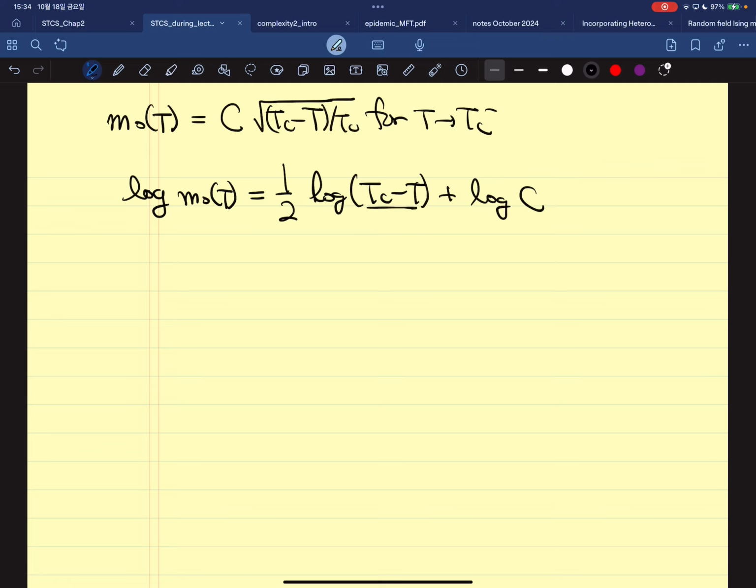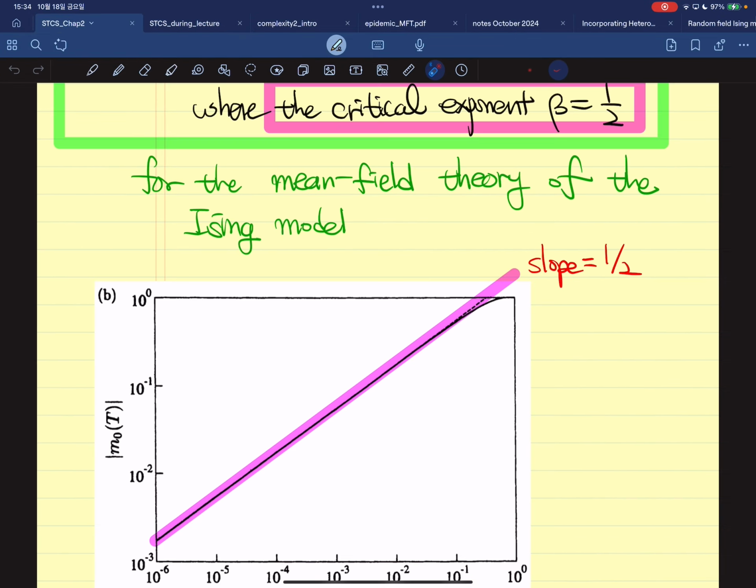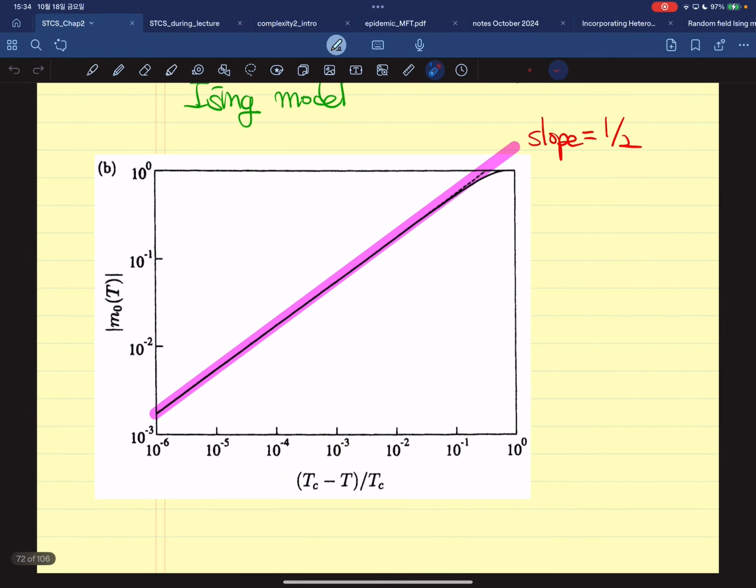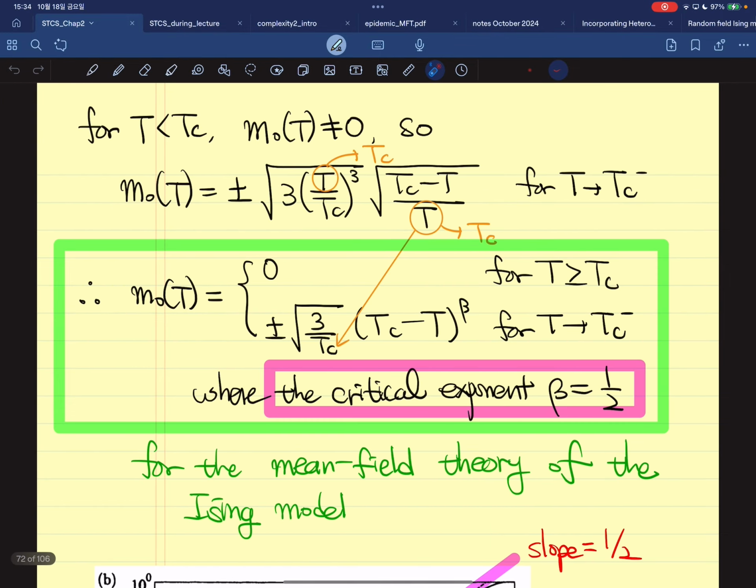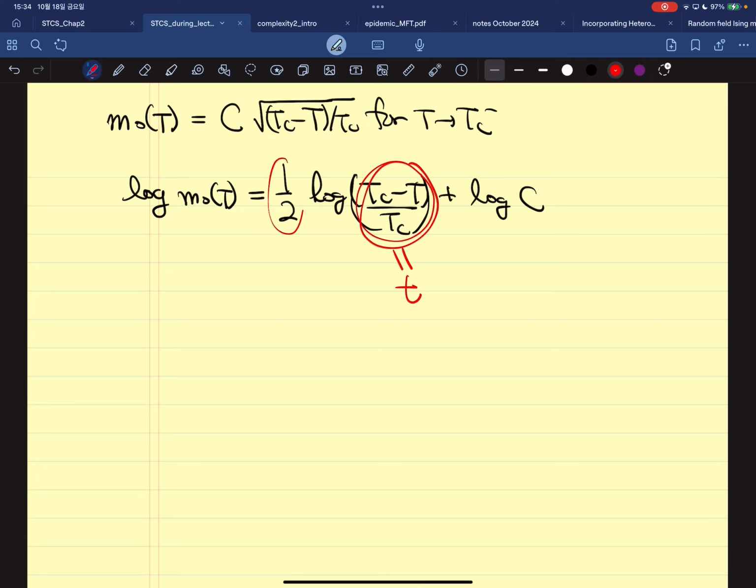Sometimes we call Tc minus T over Tc a lowercase t, on the horizontal axis here. And this is log scale, so of course the slope is 1/2.